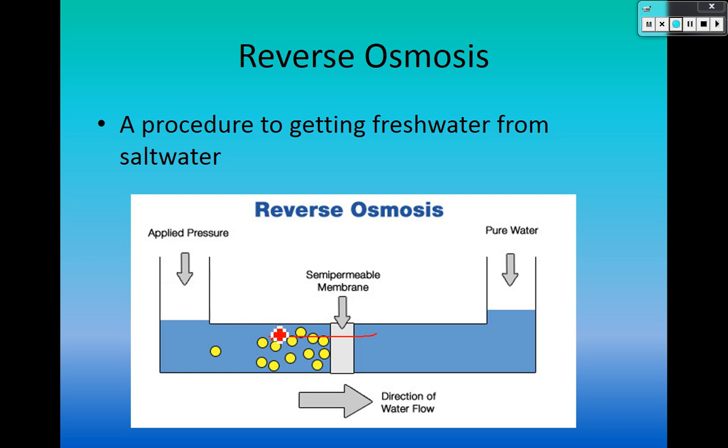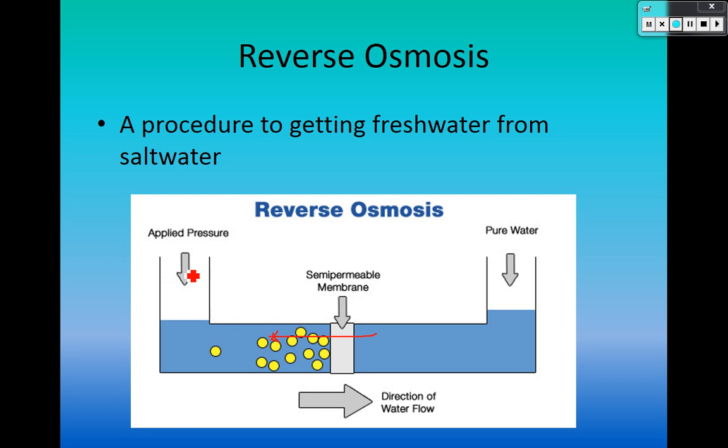And so what they do, and this is an actual procedure, it's used, there's reverse osmosis plants in Australia, in Florida, in Israel. So all around the world, countries use reverse osmosis to get pure drinking water.